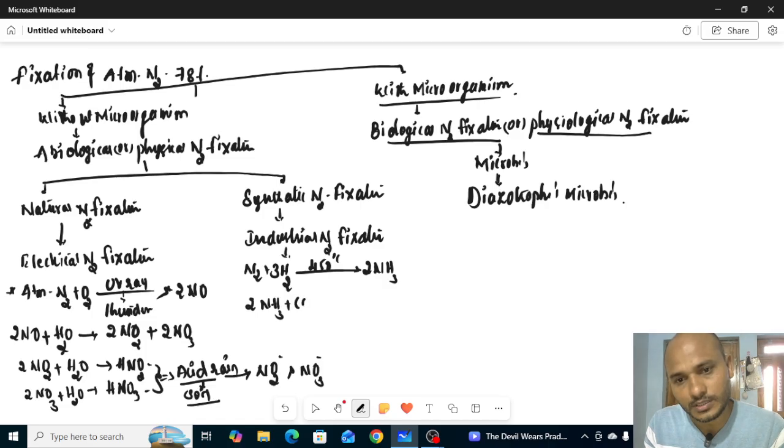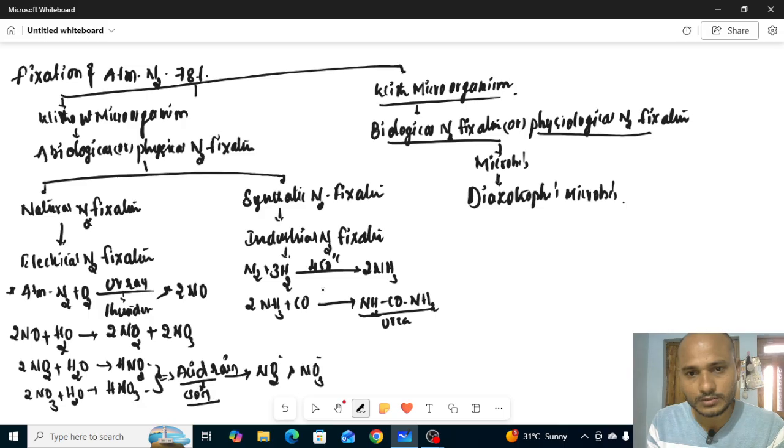This formation of ammonia at the industrial level is called the Haber-Bosch process. In the Haber-Bosch process, ammonia is formed from nitrogen and hydrogen at the industrial level, and this ammonia later combines with carbon monoxide to form urea.